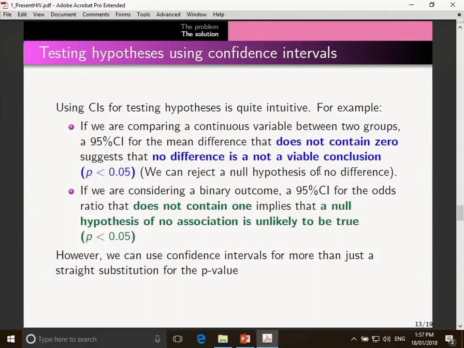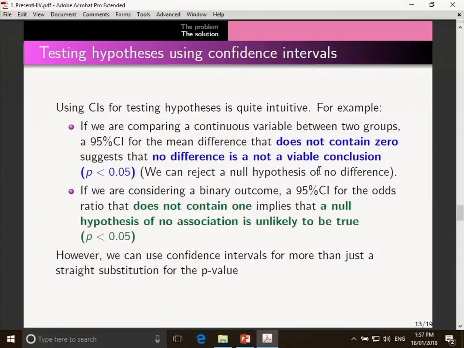So, for example, if we are comparing a continuous variable between two groups and our confidence interval does not contain 0, then a statement of no difference is not a viable statement. We have to throw the null hypothesis away, and we can look at the effect size and gauge whether it's a clinically important effect. So we've got all of the information we need. A p-value alone does not tell us that.